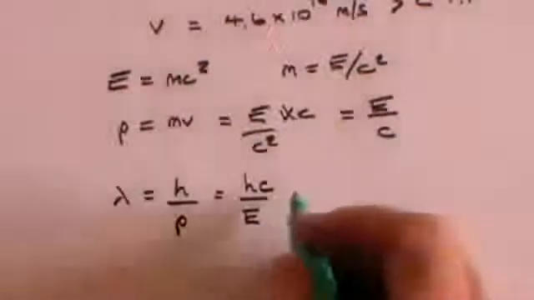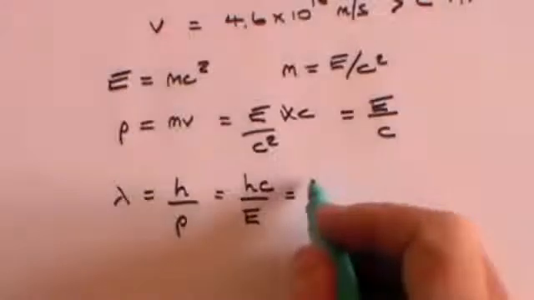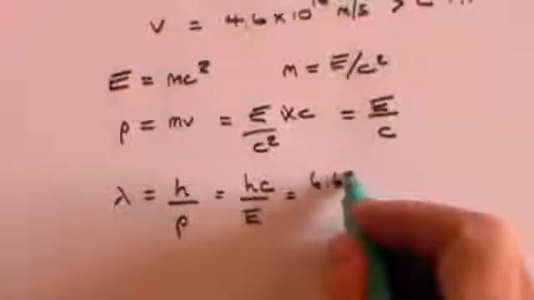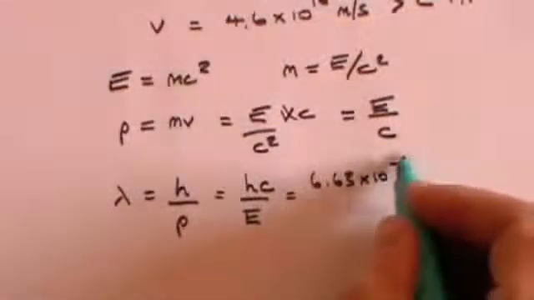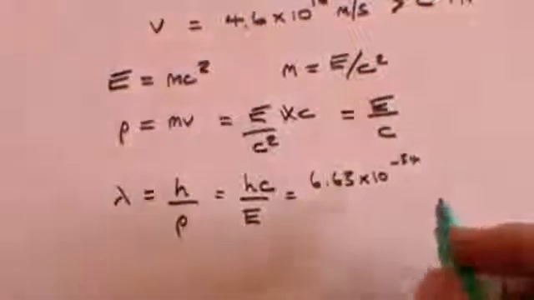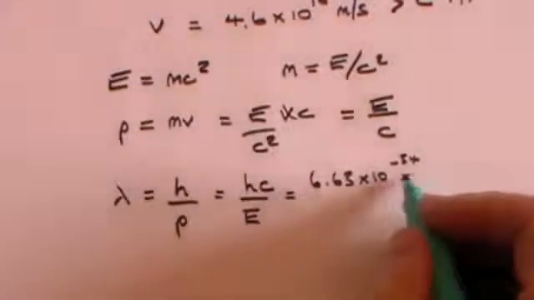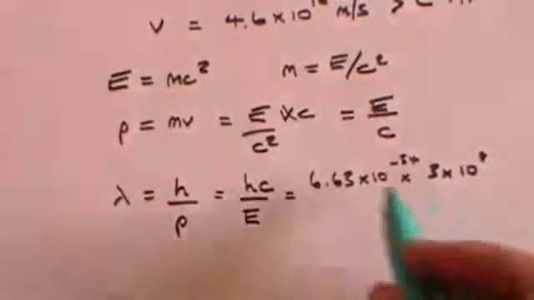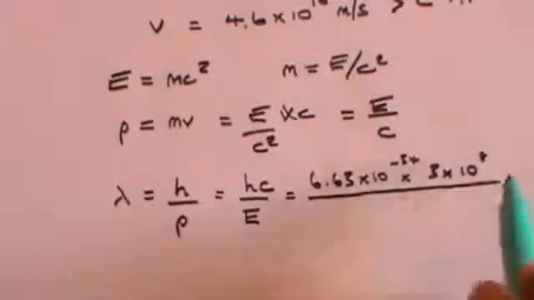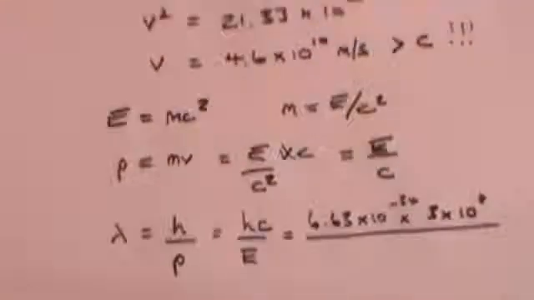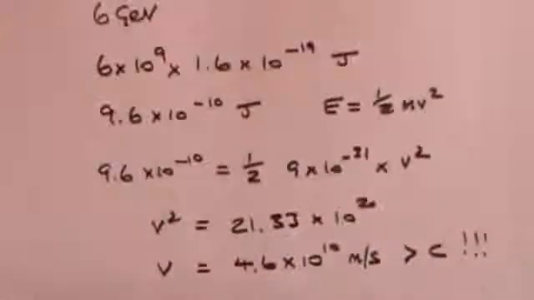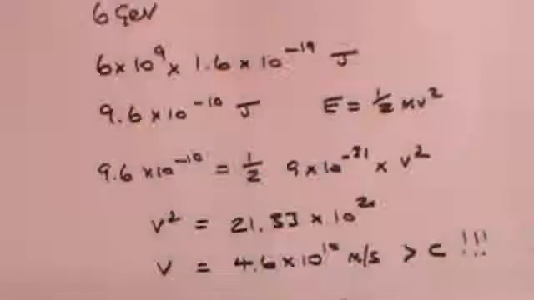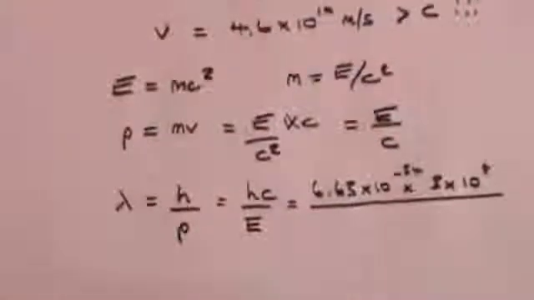So let's just calculate that out. h, Planck's constant, is 6.63 times 10 to the minus 34. The speed of light, c, is 3 times 10 to the 8 meters per second. And that's divided by the energy, which we calculated up here, 9.6 times 10 to the minus 10 joules.